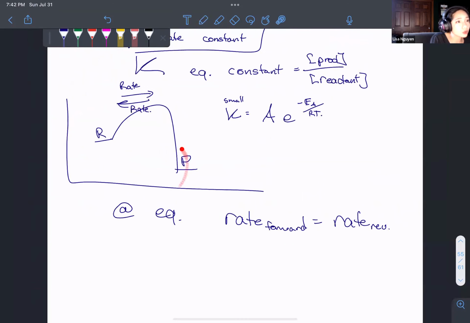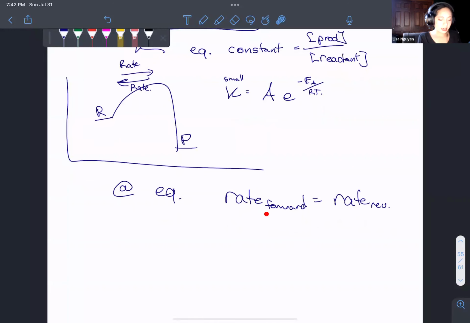If this reaction was at equilibrium, there's a rate going forward and a rate going backwards. But what's unique about equilibrium is that the net rates in both directions cancel out with one another, so you don't see any change in concentrations of reactants and products. This is the idea of our equilibrium constant, and the idea of equilibrium.